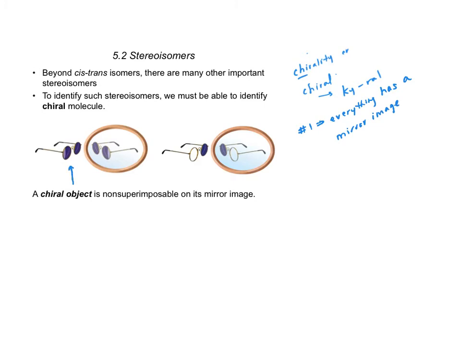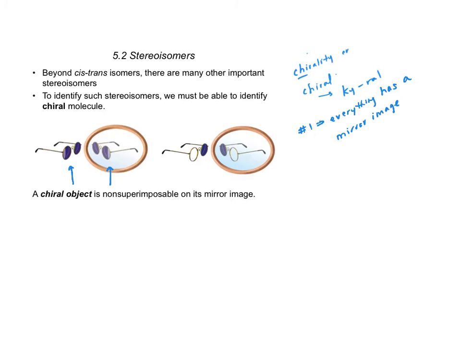This pair of sunglasses over here has the same lenses in the frames. And we say, okay, what is the mirror image of this pair of sunglasses? And so we could project that, imagining there's a mirror, and we could project the mirror image onto that, okay? So, again, everything has a mirror image, okay?